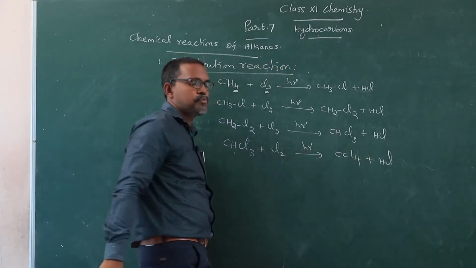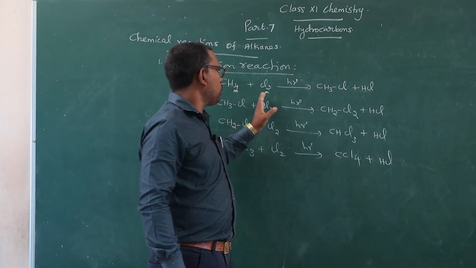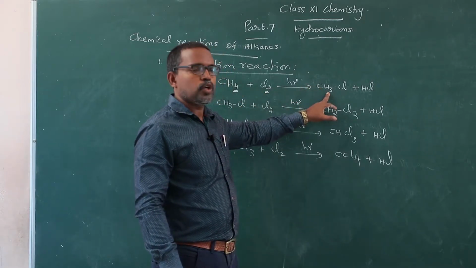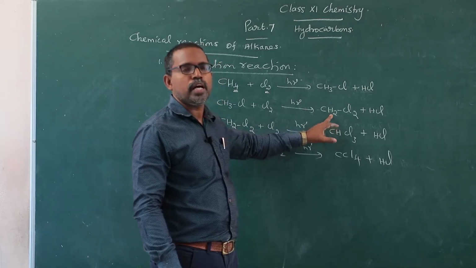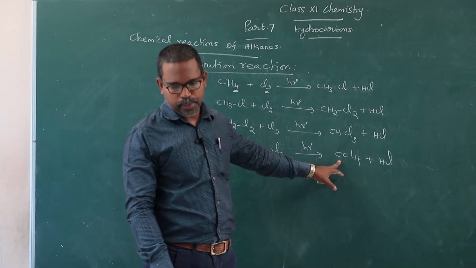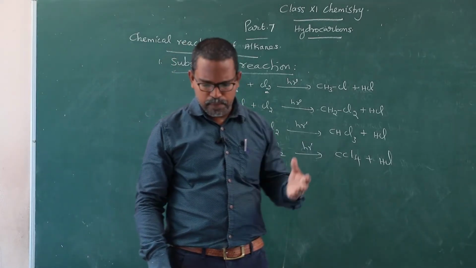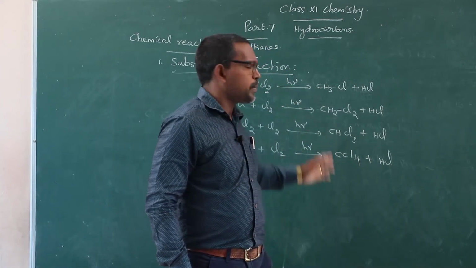So these are the substitution products formed in the case of methane with chlorine: methyl chloride, methylene chloride, chloroform and carbon tetrachloride.